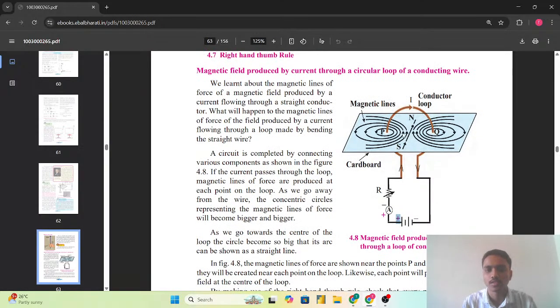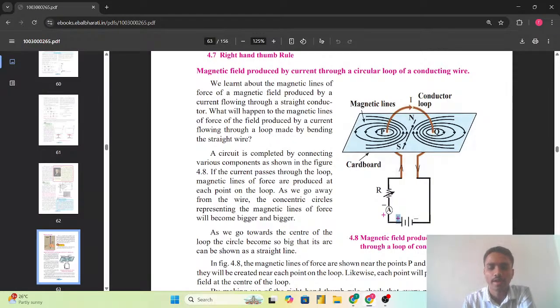So as we can see here, the magnetic lines of the force are generated here, and the direction can be found out as the current is flowing in the upward direction. As per the right hand thumb rule, the curled fingers will show the magnetic lines of the force direction.